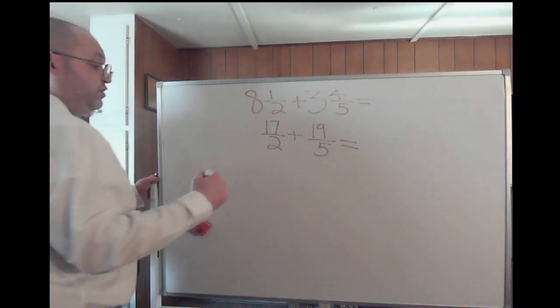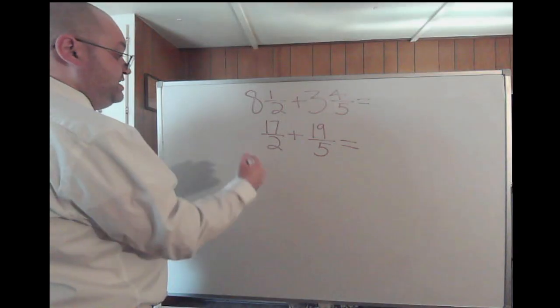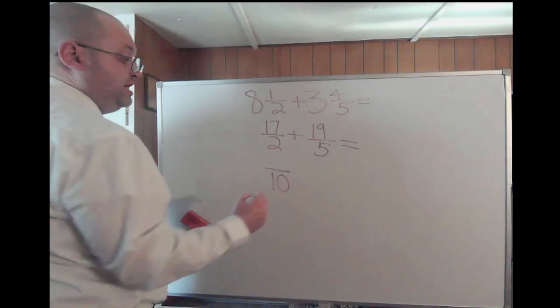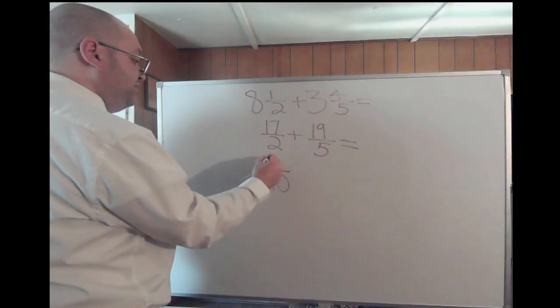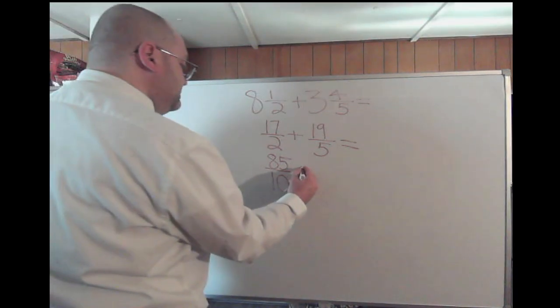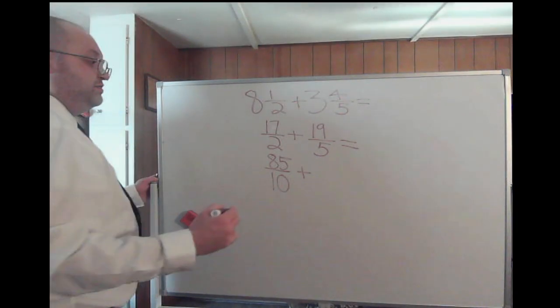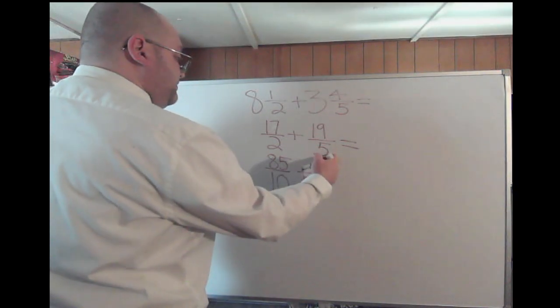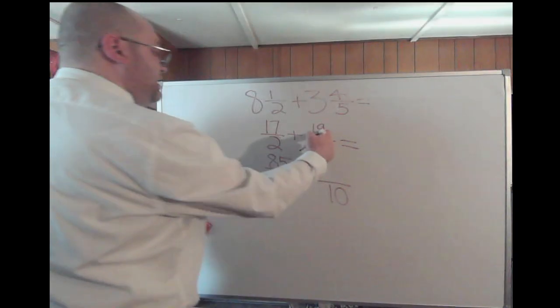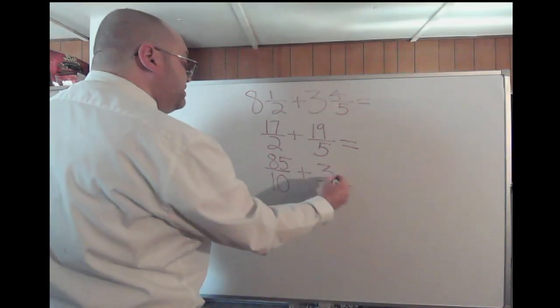So we have to convert both of these into a denominator of 10. In order to get from 2 to 10, you had to multiply by 5. 17 times 5 is 85. Plus, then you have to convert that 5 into a 10, you multiply by 2, which means you got to multiply 19 by 2, which gives you 38.